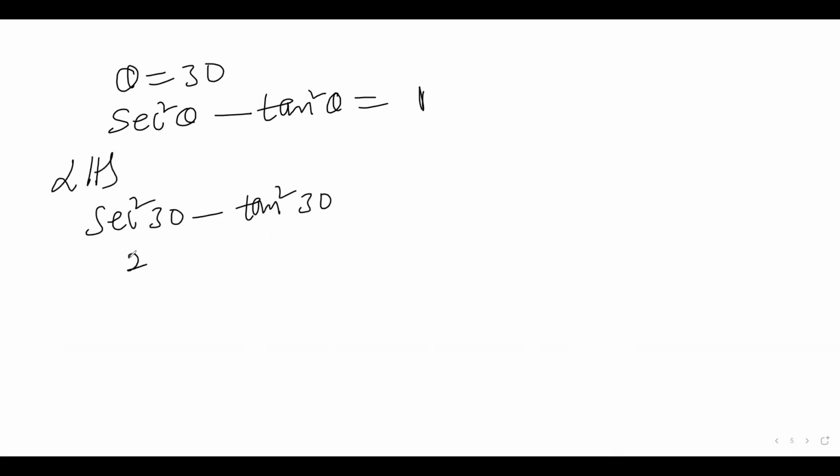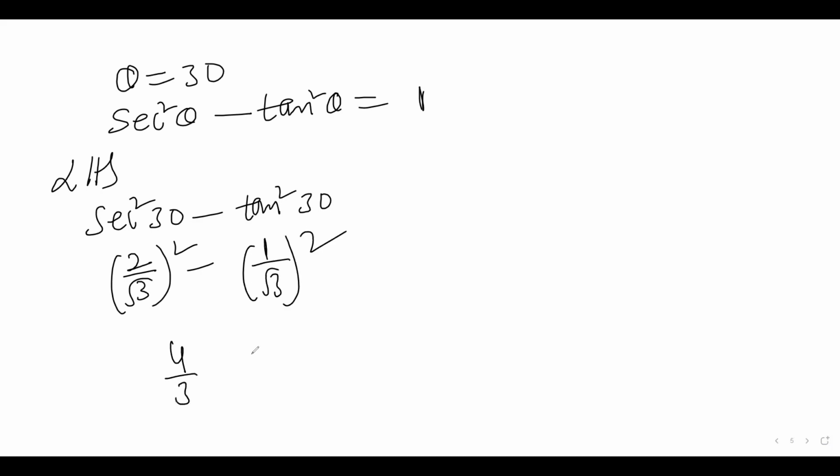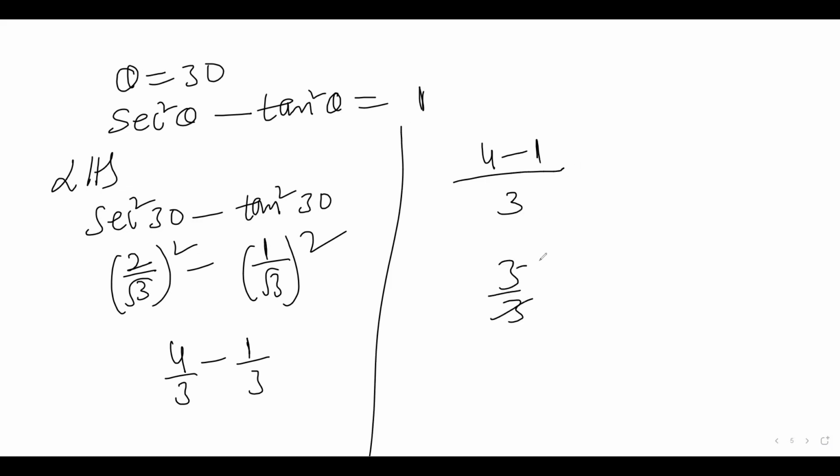Secant 30 is 2 by root 3. Tan 30 is 1 by root 3. Please square it. 4 by 3 minus 1 by 3. What is the LCM? 3. 3 by 3, which is nothing but 1. We got our RHS. We have taken LHS and got RHS.